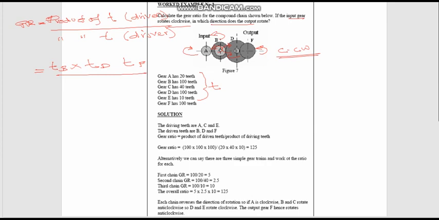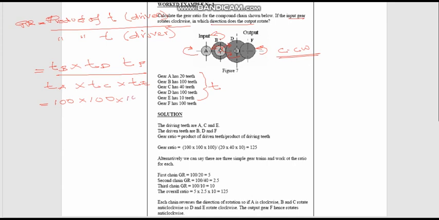Divided by the driver, which is TA, times TC, times TE. Right? So basically, TB is equal to 100. TD is 100, times TF.